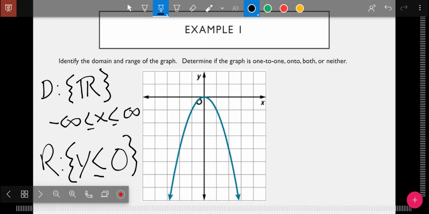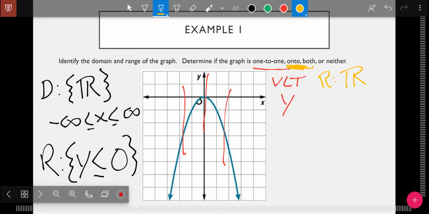Now, is it 1-to-1? Which for us, remember, is does it pass the vertical line test? Anywhere I draw a vertical line, does it cross it only once? Yes. And so it is going to be 1-to-1. Is it onto? Onto, remember for us, is the range all reals?